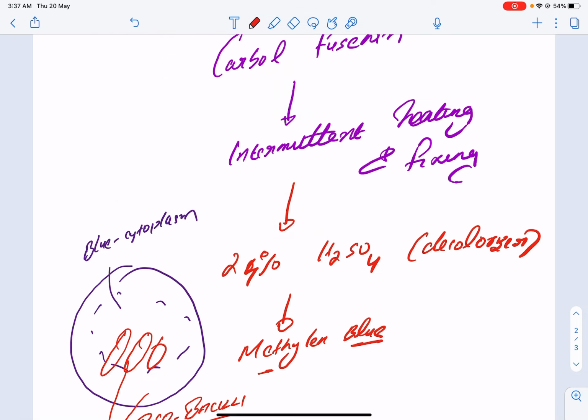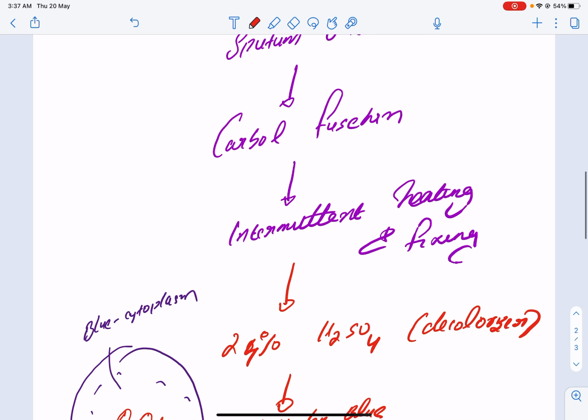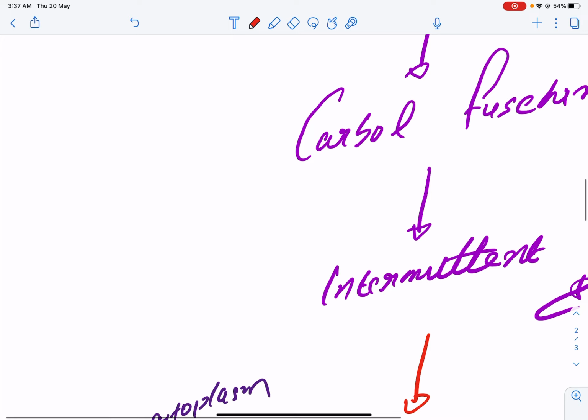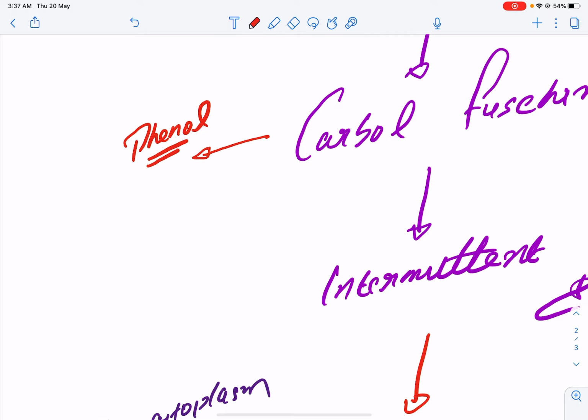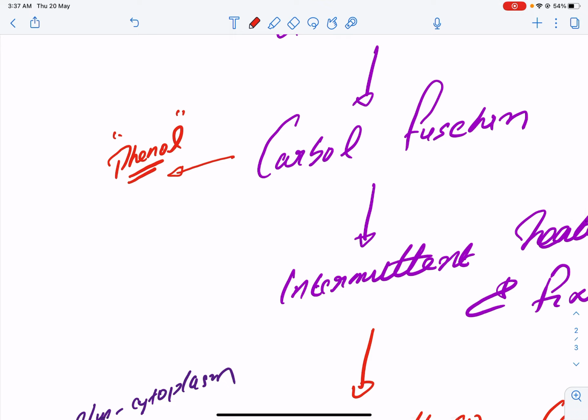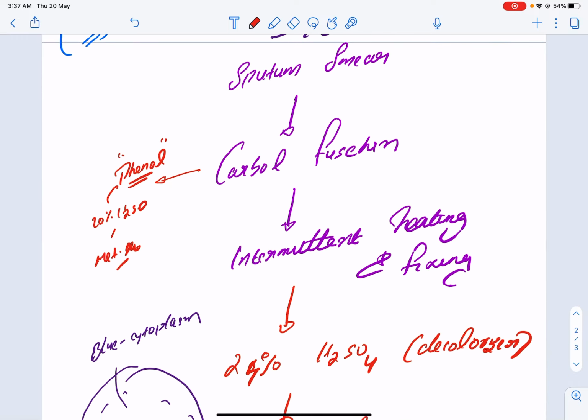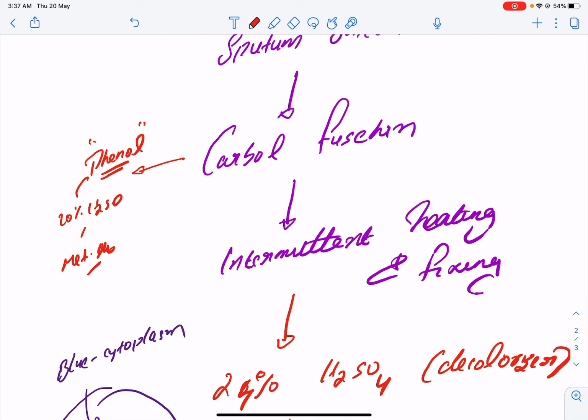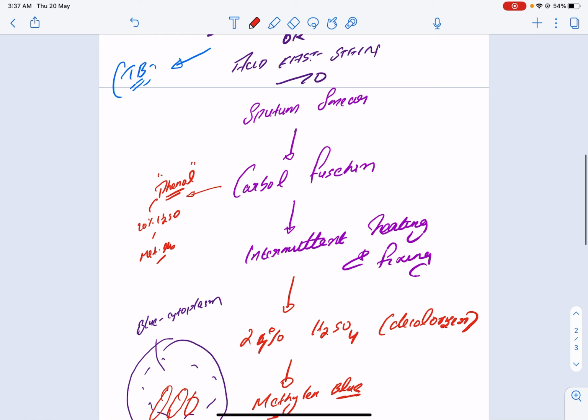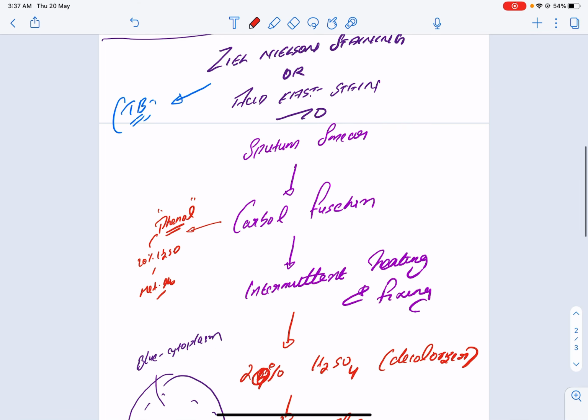Now sometimes, after adding carbol fuchsin, everything is the same, but we add phenol. There is no intermittent heating. After phenol comes the 20% H2SO4, then methylene blue, everything the same as what we have written, but instead of heating, after carbol fuchsin we add phenol.